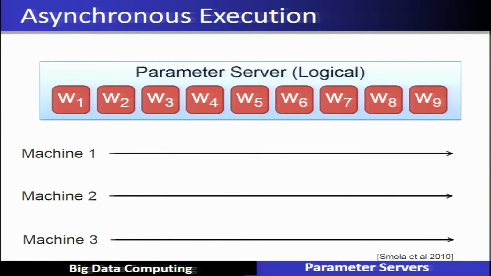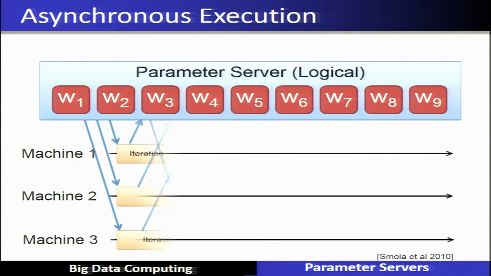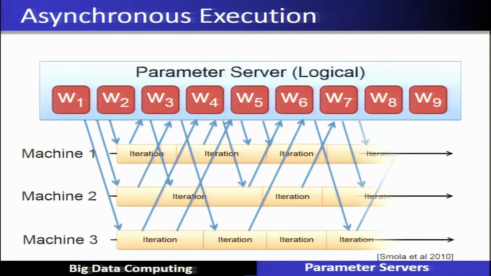So if we support this asynchronous execution environment with the parameter servers, then the scenario will look like this: the operations in the parameter server will become more efficient. For example, here machine 1, machine 2, and machine 3 access different parameters W1, W2, and W3 from different parameter servers, which are shown logically as W1, W2, W3.